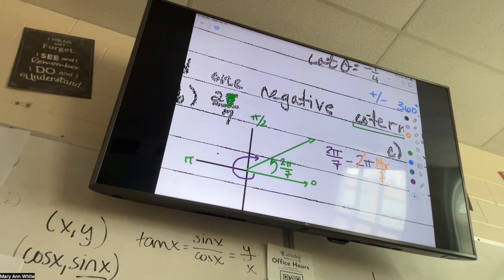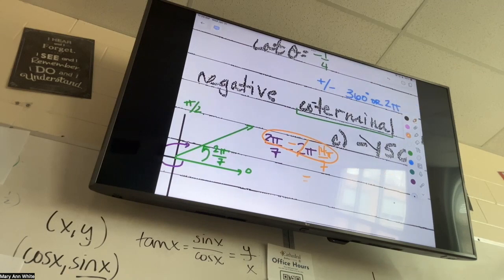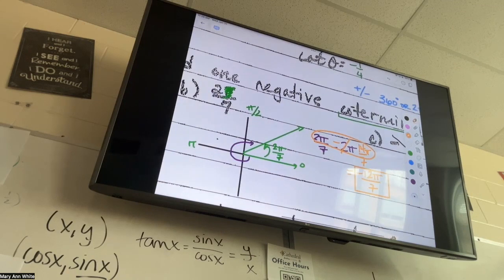And then if you remember how fractions work, we just worry about the numerators. We say 2 pi minus 14 pi. What's that going to be? Negative 12 pi over 7. So that purple angle is negative 12 pi over 7.